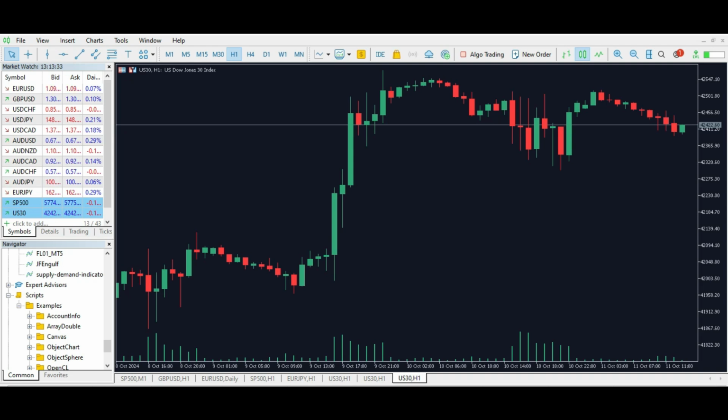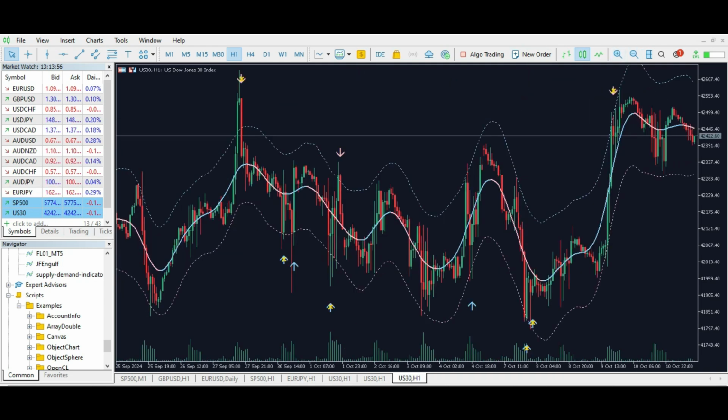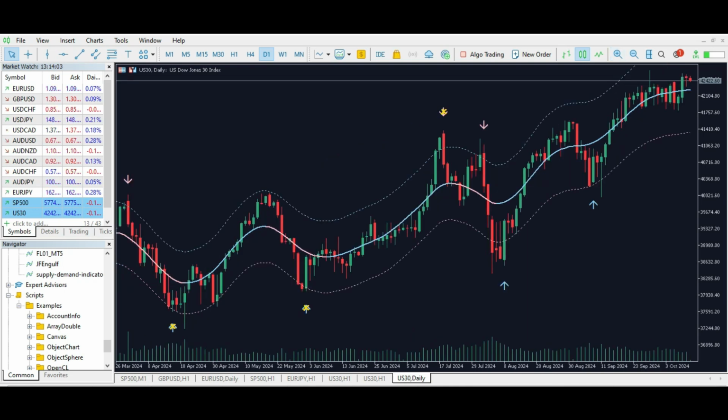So the best strategies that I like are two of them. The first one is using any channel indicator or channel created yourself manually. For example, if we add any channel like this, you will see very easily that we have a simple channel, and it's very good for indices.